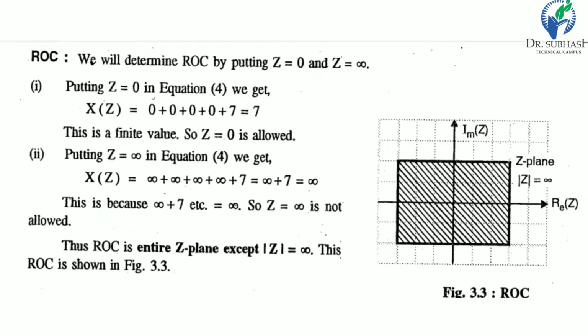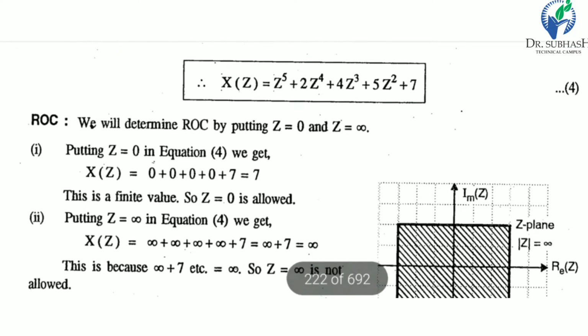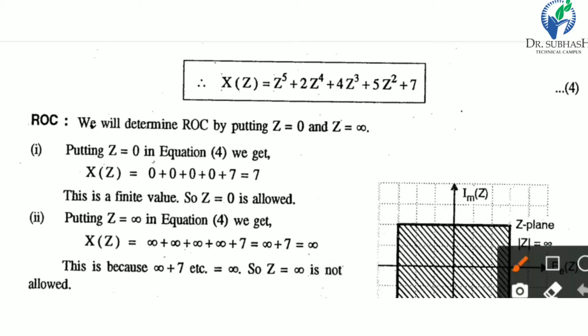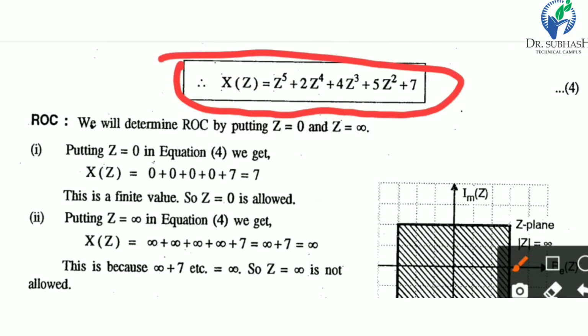For the ROC, region of convergence, we will determine the ROC by putting z equal to 0 and z equal to infinity. So first we put z equal to 0 in this equation. So X(z) equals 0 plus 0 plus, whenever there is a z, we put z equal to 0.